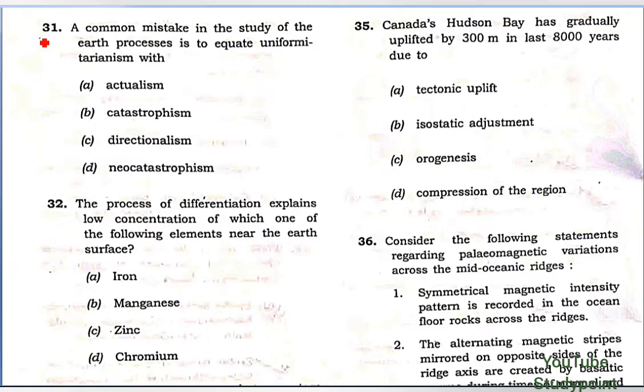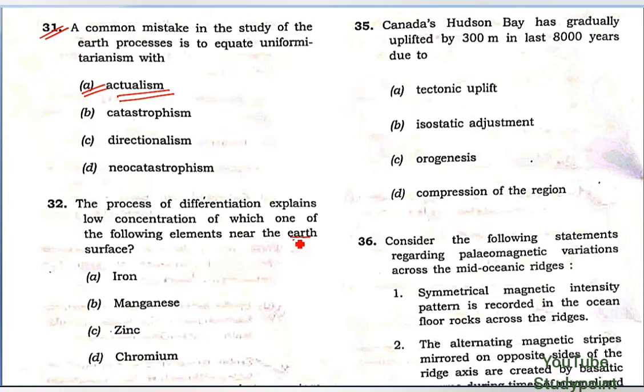Question number 31. A common mistake in the study of the earth process is to equate uniformitarianism with gradualism. We know this is with actualism. Right answer is option A. Next one. The process of differentiation explains low concentration of which one of the following elements near the earth's surface?